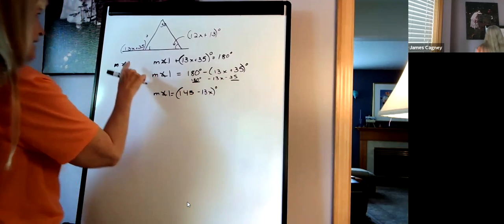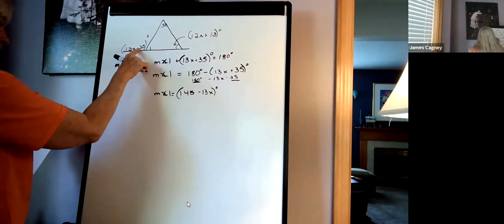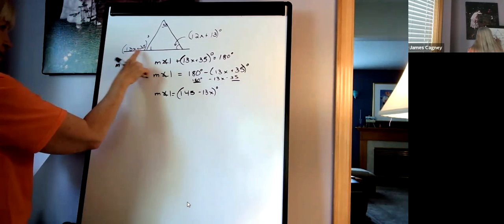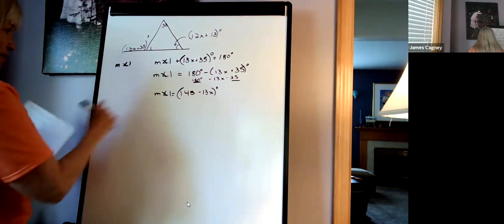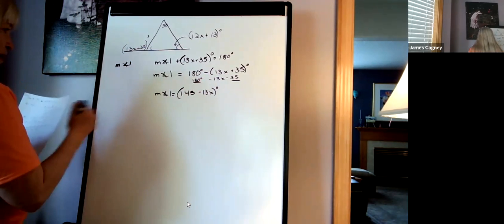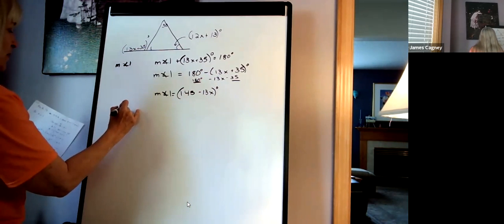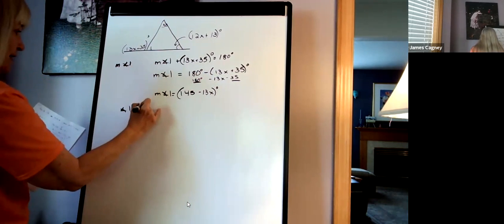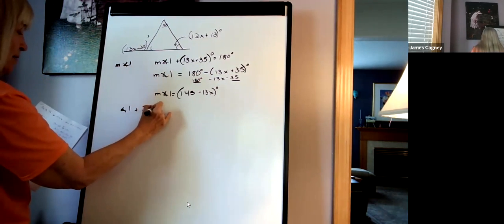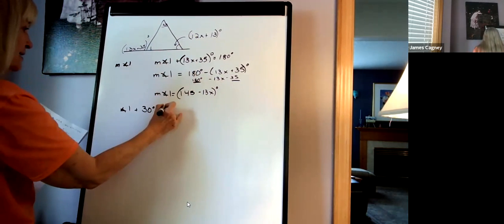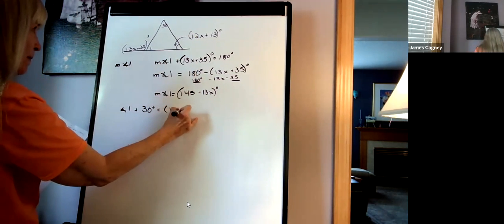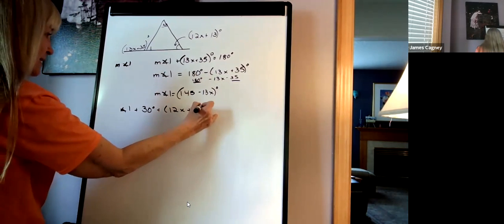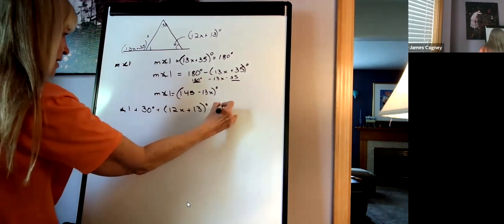So what I was saying here is 13x plus 35 plus this angle has to equal 180. So I solved for what the measure of angle 1 was. And I also know that angle 1 plus the 30 degrees plus 12x plus 13 degrees has to equal 180.